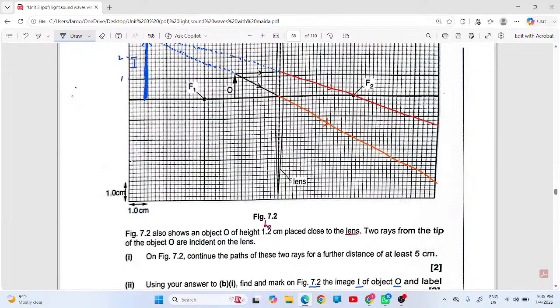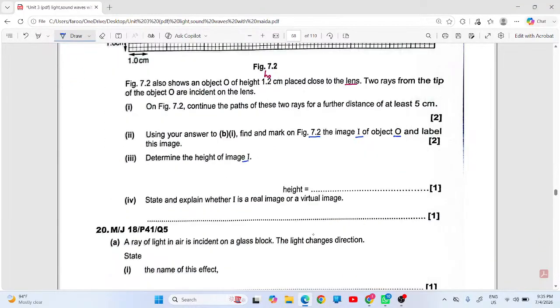Almost the height of the image is about 3 centimeters. तो जो मेरा आंसर है वो कुछ 3.0 centimeter आ रहा है and the range given in the marking scheme is 2.7 centimeter to 3.3 centimeter. तो हमारा आंसर जो है वो within the range है.